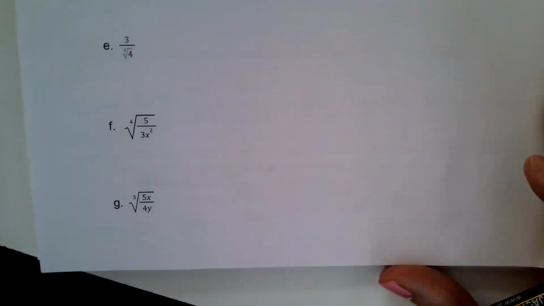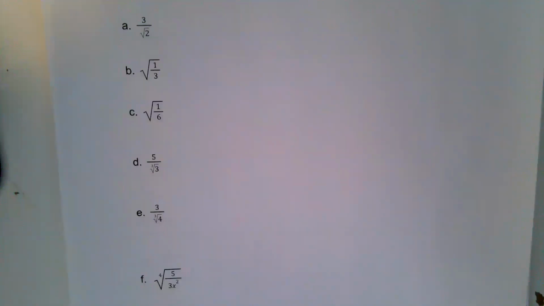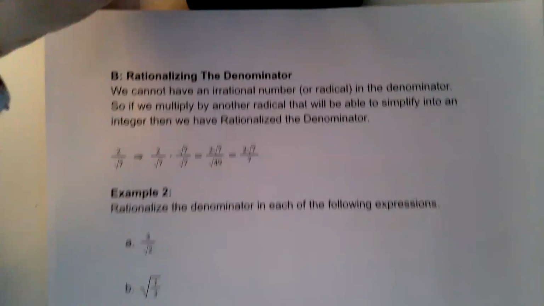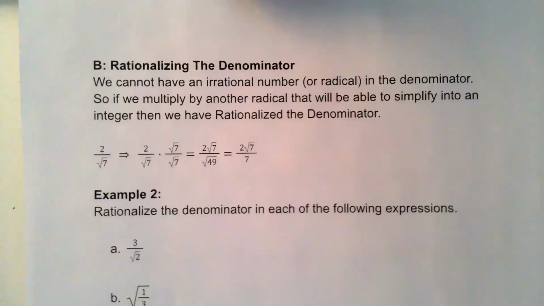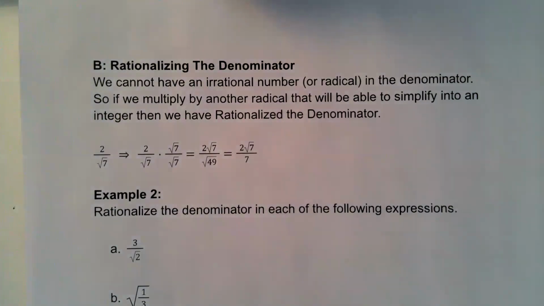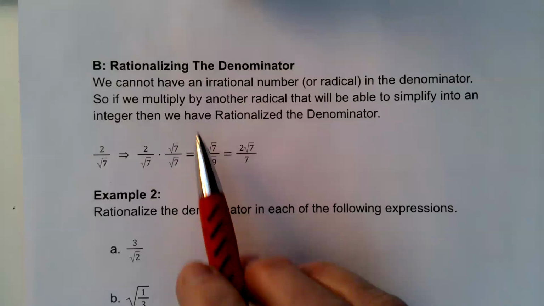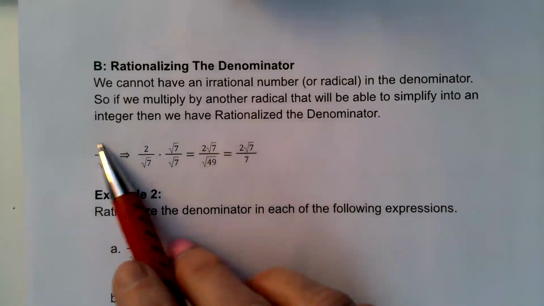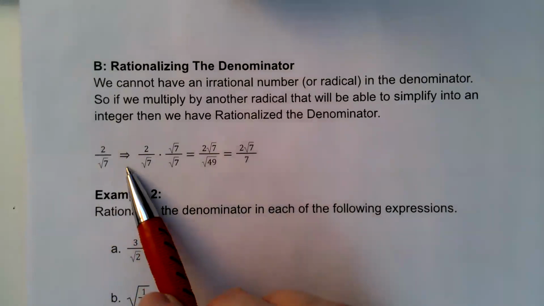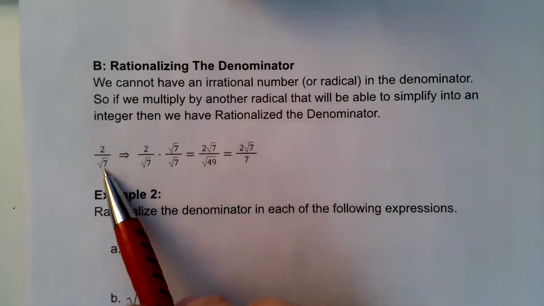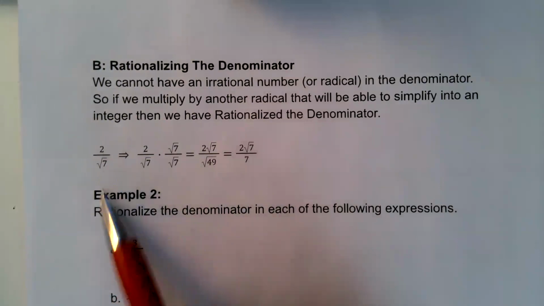Okay, now we said earlier that we cannot have radicals in the denominator, and look at all of these. They all have radicals in the denominator. So we have to learn what's called rationalizing the denominator. So for here, we have 2 over the square root of 7. The square root of 7 means we have to have pairs.